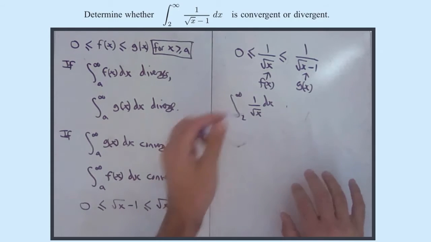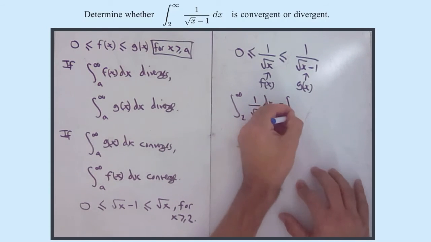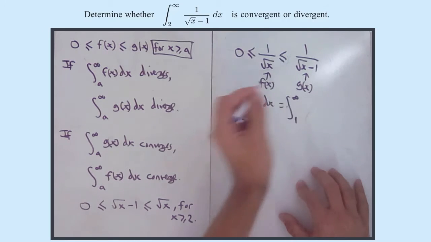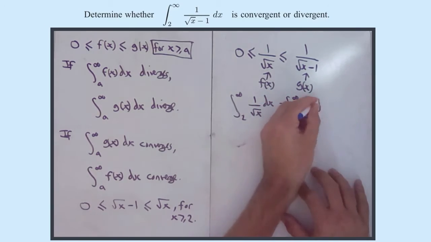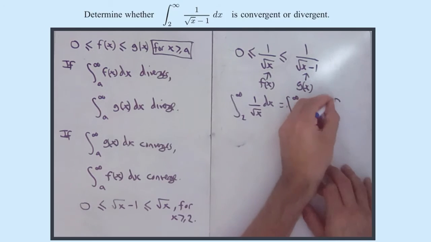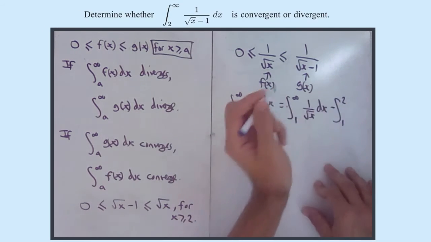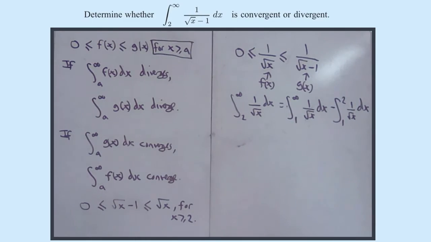So to make that the case, we need to say this is the integral between 1 and infinity of 1 over root x dx, and then we're going to have to remove the 1 to 2 part, so minus the integral between 1 and 2 of 1 over root x dx, just like that.